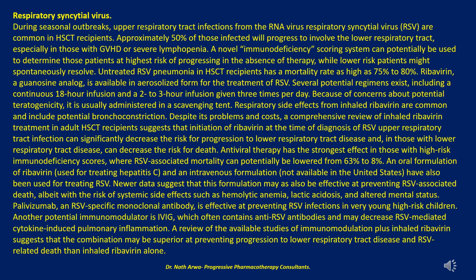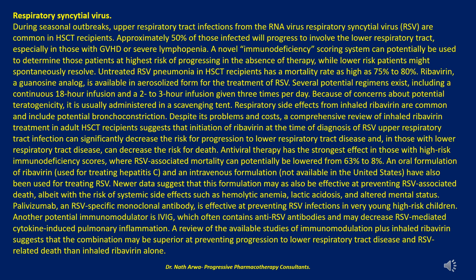Palivizumab, an RSV-specific monoclonal antibody, is effective at preventing RSV infections in very young high-risk children. Another potential immunomodulator is IVIG, which often contains anti-RSV antibodies and may decrease RSV-mediated cytokine-induced pulmonary inflammation.